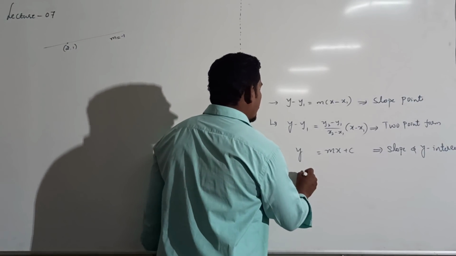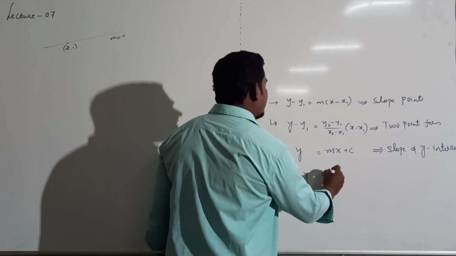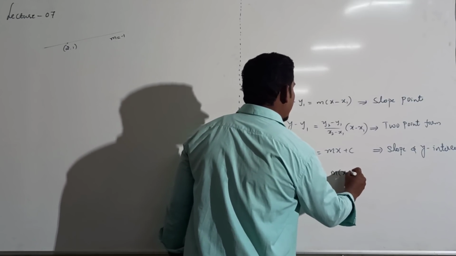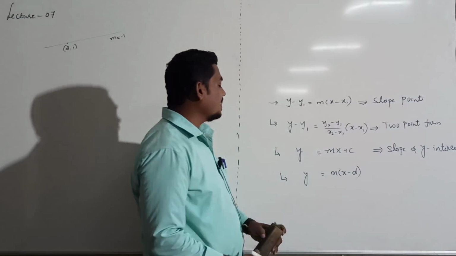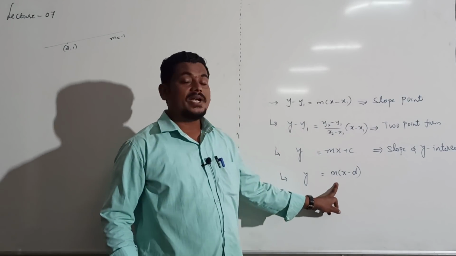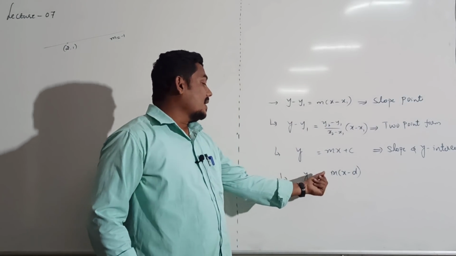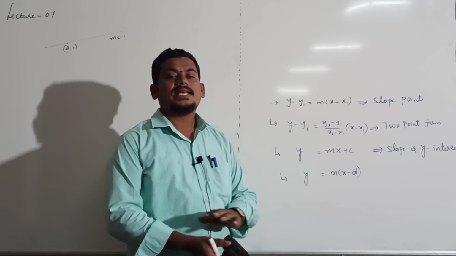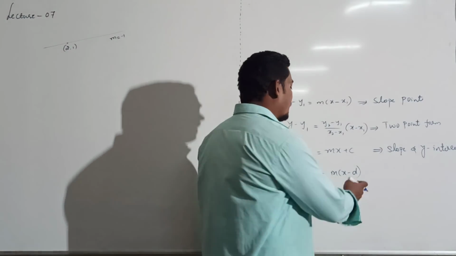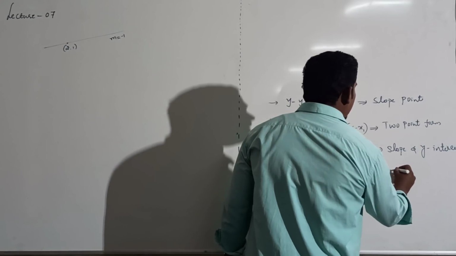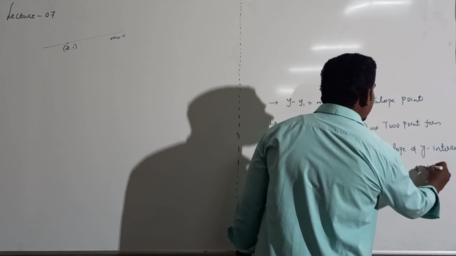Whenever slope and x intercept is given, then use this formula y is equal to m into x minus d. Here m is slope of the line, d is x intercept. Slope and x intercept is given.